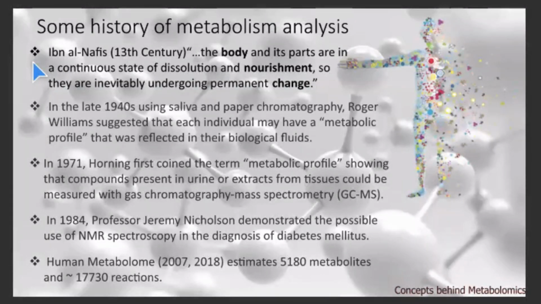If we fast forward to around the 1970s, Horning first coined the phrase metabolomic profiling, and he showed using GC-MS that compounds present in urine extracts could be measured and quantified.